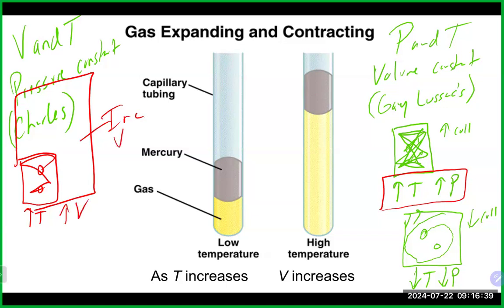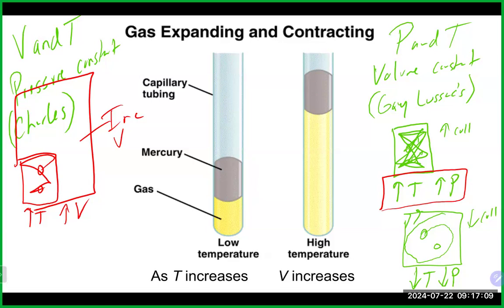So we see the volume will increase. The result is that even though the gas molecules are moving faster, they now have a lot more room to fly around in. That keeps the level of collisions about the same as it was before, and that's what allows it to maintain its pressure and keep the pressure constant. So even though the gas molecules are flying around faster, they have more room to fly around in, and thus the number of collisions stays the same and the pressure stays the same.